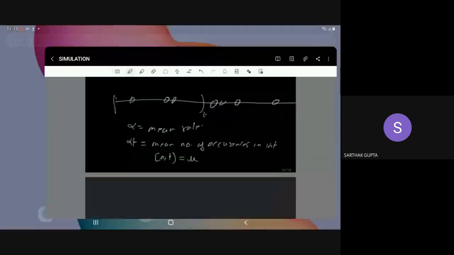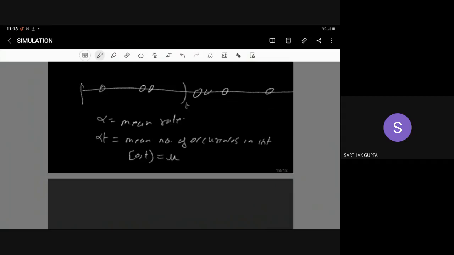We know that when events occur in a Poisson process, the inter-occurrence time follows the exponential distribution. So let us say this time is t1, this time is t2, this time is t3, this time is t4, like this, meaning the time elapsed after the occurrence of the previous event.